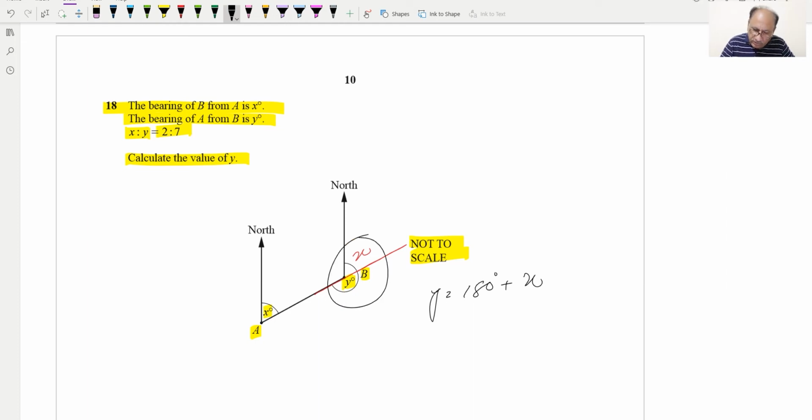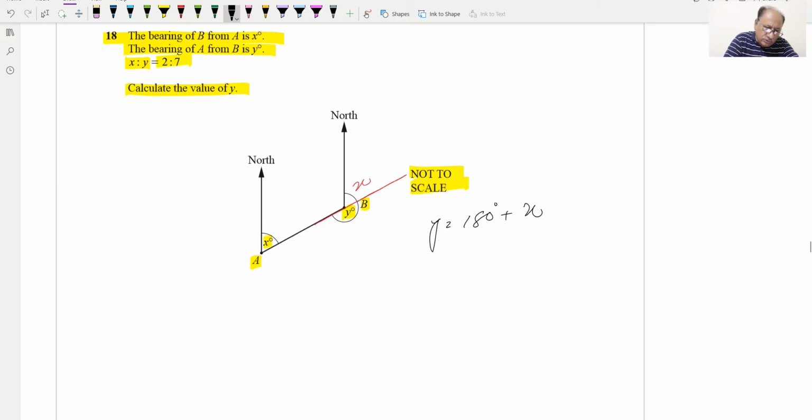So from here we have written this line, which hopefully you understood. Now they have given this ratio also, x ratio y is equal to 2 ratio 7.